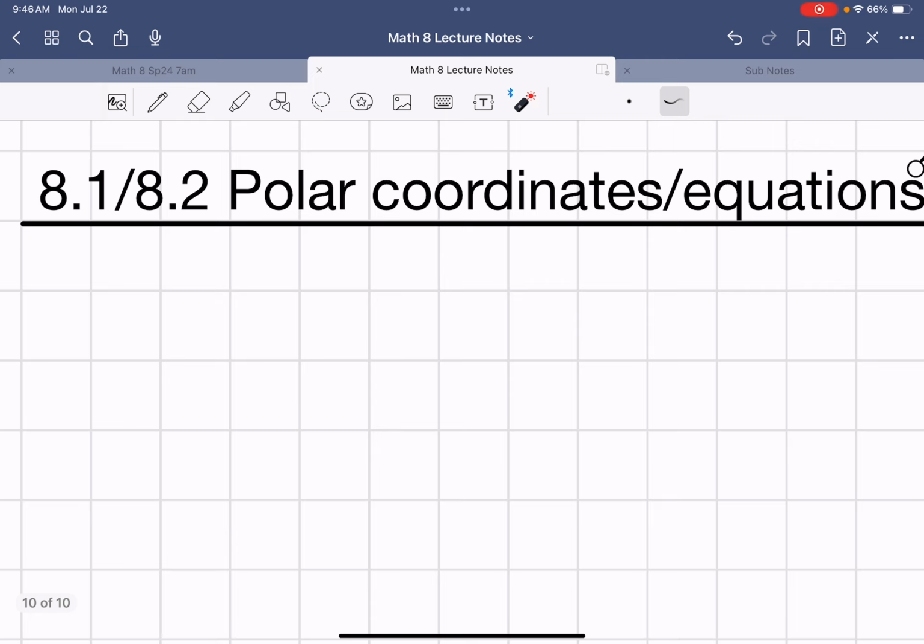Now, polar coordinates are going to be completely different than what we've done up to this point. Everything we've done up to this point has been the rectangular coordinate system. And how does the rectangular coordinate system work?